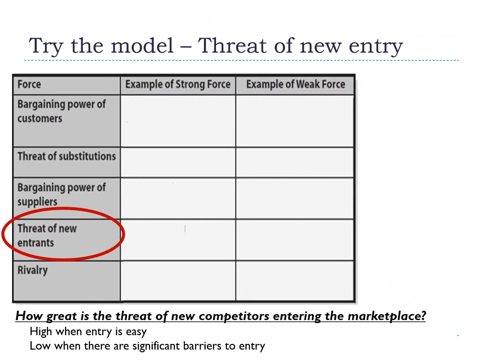Okay, let's take a look at this table and think about this question. How great is the threat of new competitors entering the marketplace for companies that make corner latte stands and for a professional football team? Which is the strong force and which is the weak force?